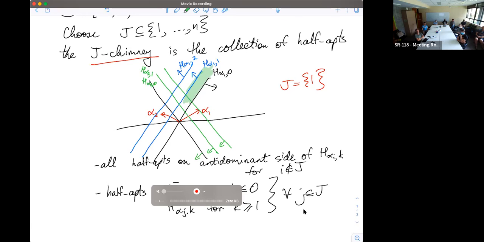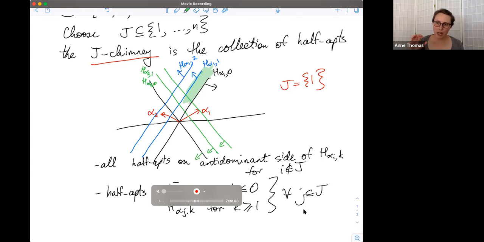So you said this is a common generalization of the other. Yeah. Okay. So if you take J to be the empty set, then what you're getting is a retraction from an alcove, because you're going. Sorry, other way around. So if J is the empty set, you're actually going to be retracting from a chamber at infinity, because you're not splitting the direction on any of the walls. Each parallel family of walls, everything goes in the same direction.